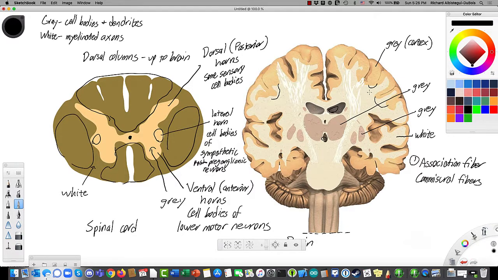Commissural fibers go from one side of the brain to the other. Most of those are going through this particular structure, right here, which is the corpus callosum.